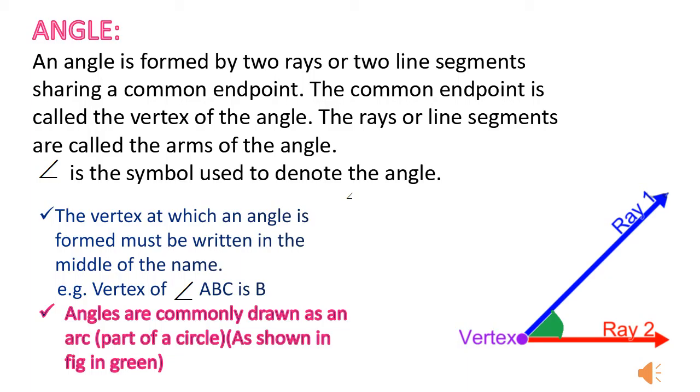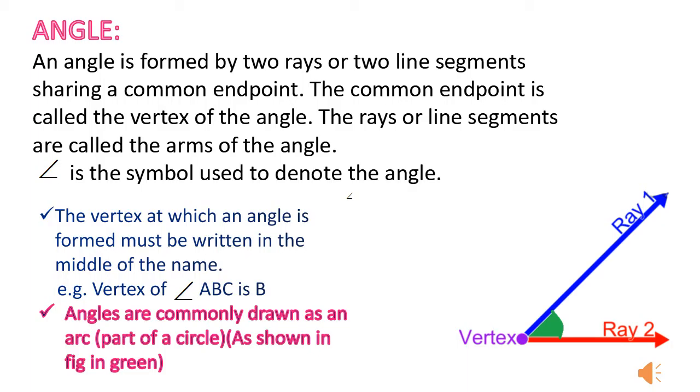See the symbol of angle, how you are going to denote the angle. It is not an L vertical line, you need to make a little slant towards the right side. The vertex at which an angle is formed must be written in the middle of the name.